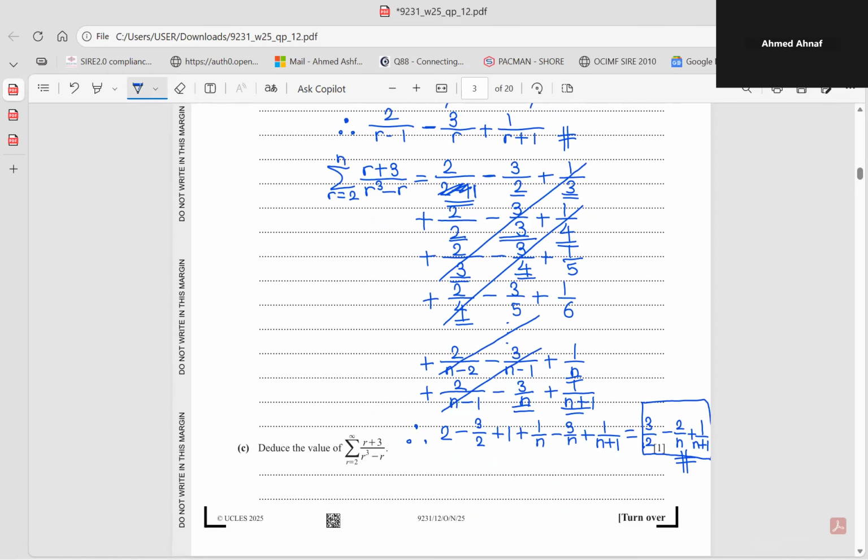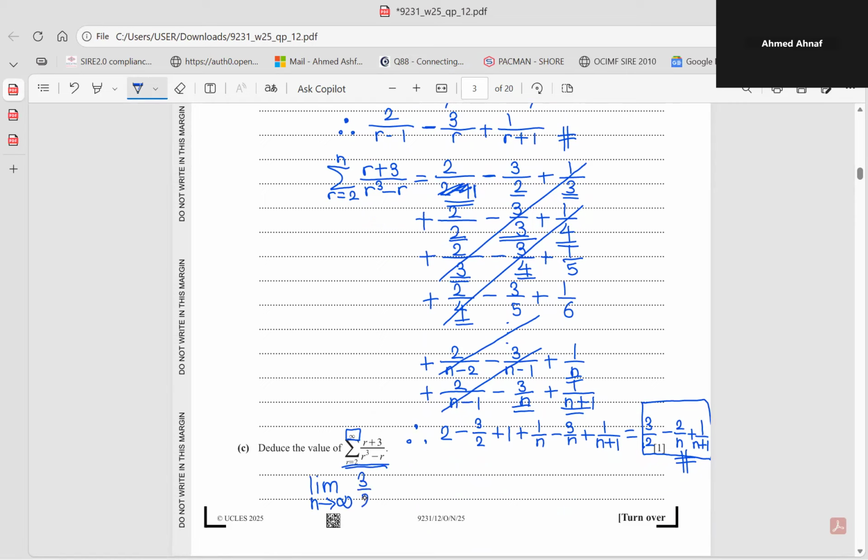Let's move on to the last part. For the last part, we are just told to deduce the value of this summation where n is approaching infinity, as you can see by the infinity sign for the upper limit. To do this question, very simple, you just take the limit as n approaches infinity for the summation result in terms of n.